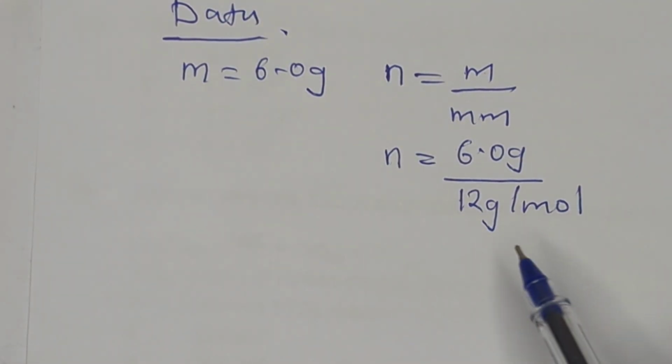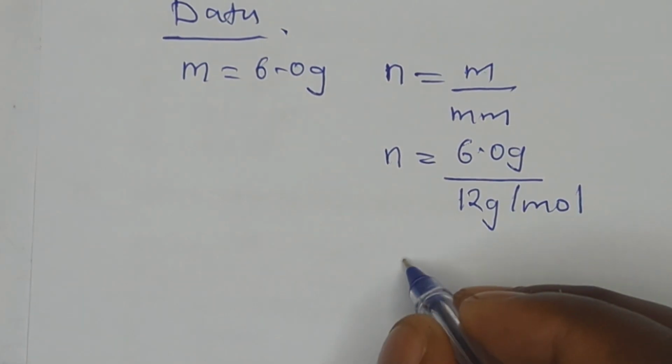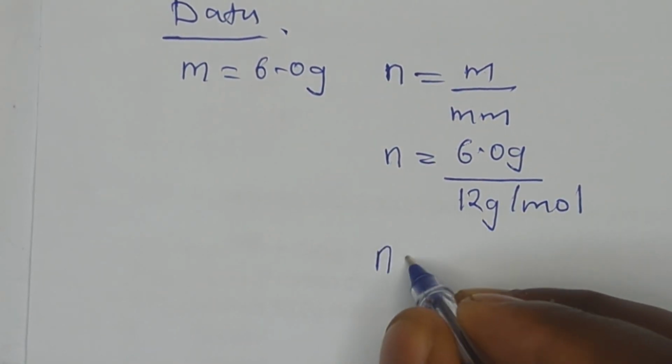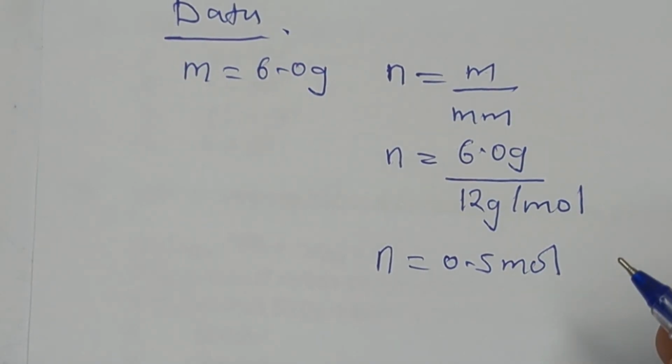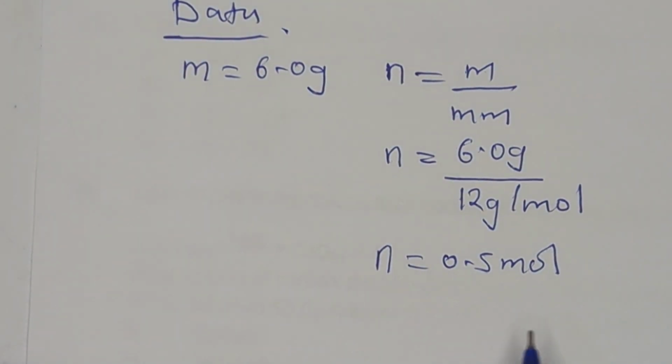If we divide 12 into 6, this is going to be 0.5 mole. This is the number of moles that is contained in 6.0 grams.